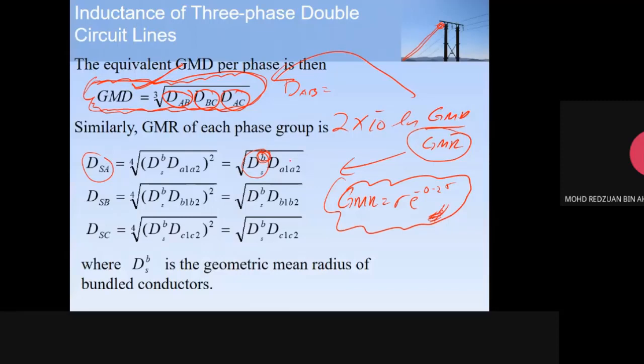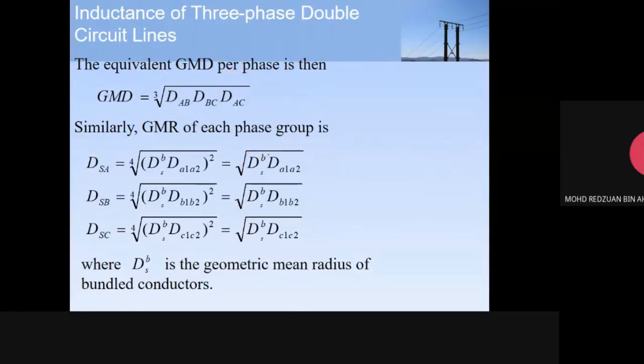So why does this equation show the bundle? Actually, this is the general equation. You can use it either for bundle or for a single line per phase. If you don't have bundle, we just eliminate the bundle and use Ds. DsA is given by this equation.